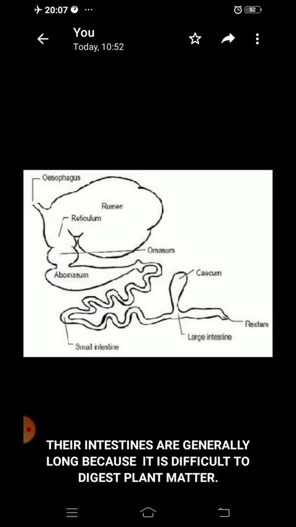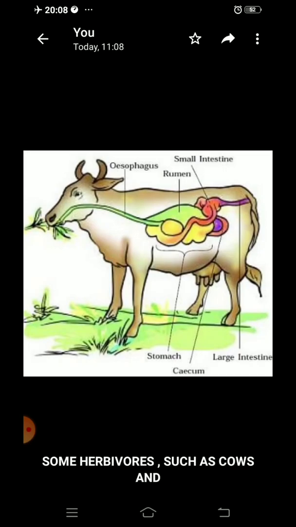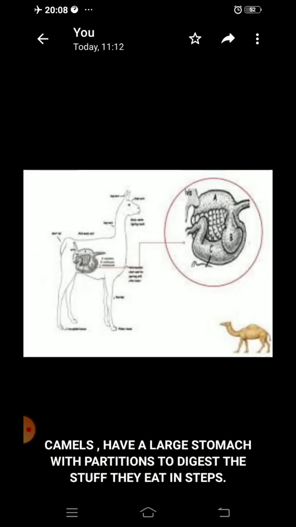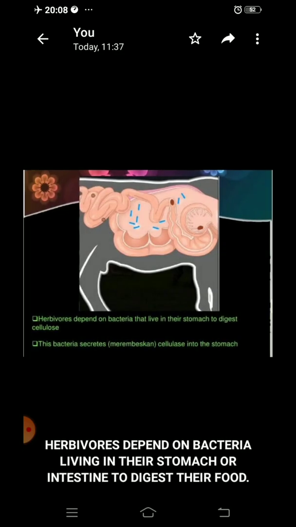Their intestines are generally long because it is difficult to digest plant matter. Some herbivores, such as cows and camels, have a large stomach with partitions to digest the stuff they eat in steps. Herbivores depend on bacteria living in their stomach or intestine to digest their food.